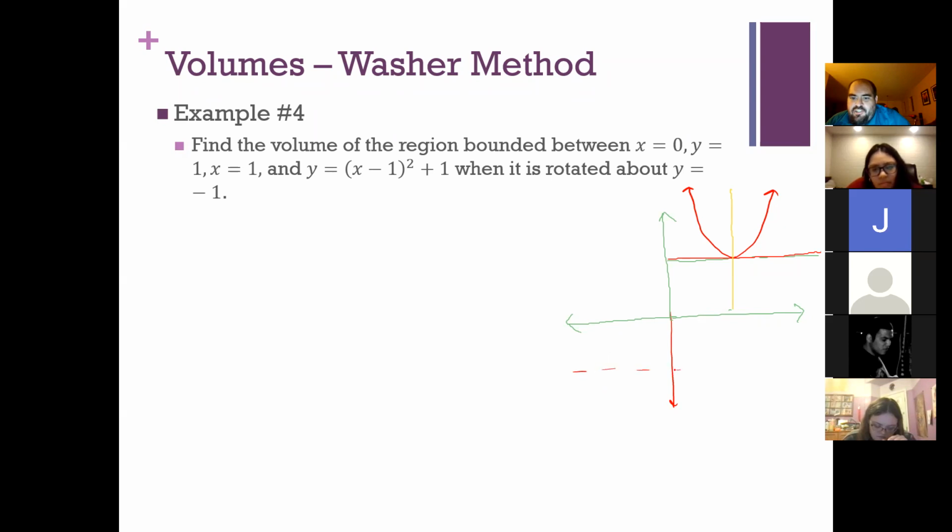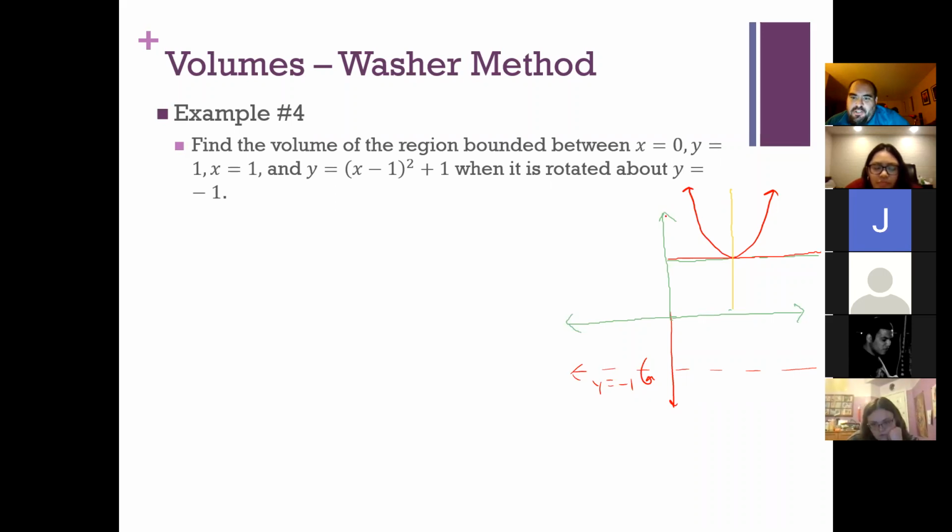So the axis of rotation is going to be down here, right? This is going to be y equals -1. So next thing we do, let's shade in the region that we're talking about here. This parabola is going to intersect the y-axis at some point, right?